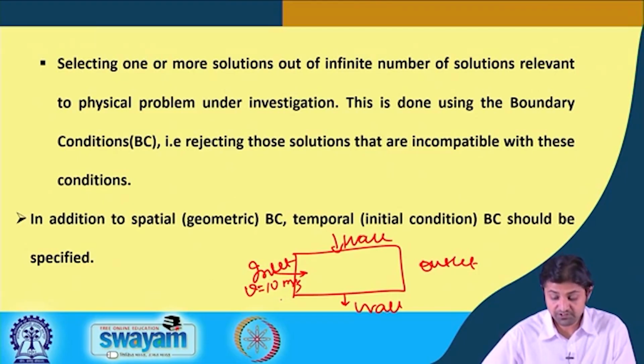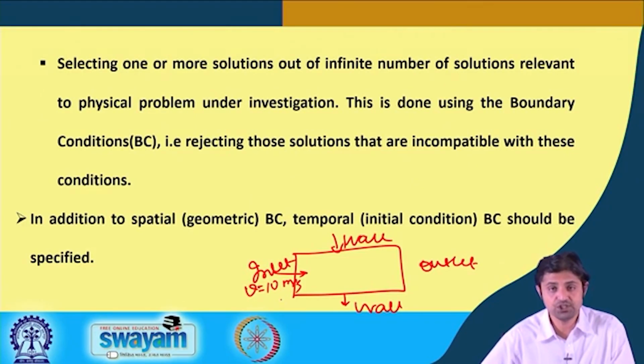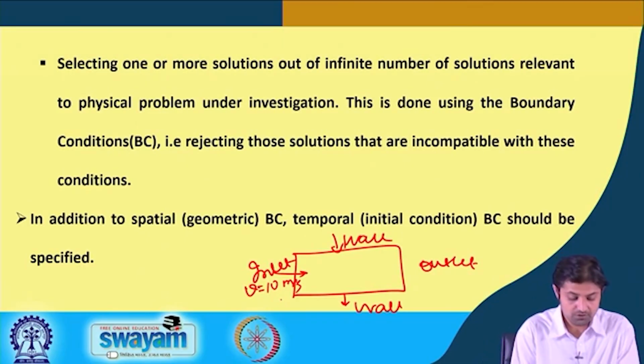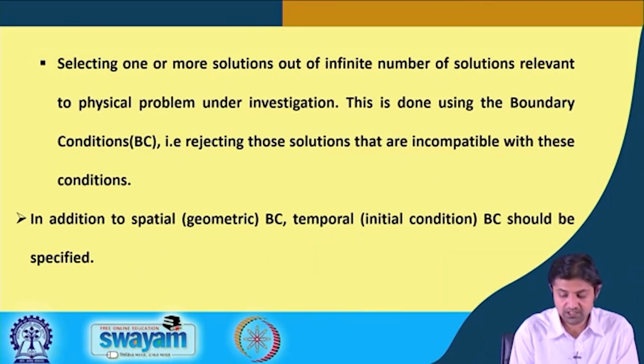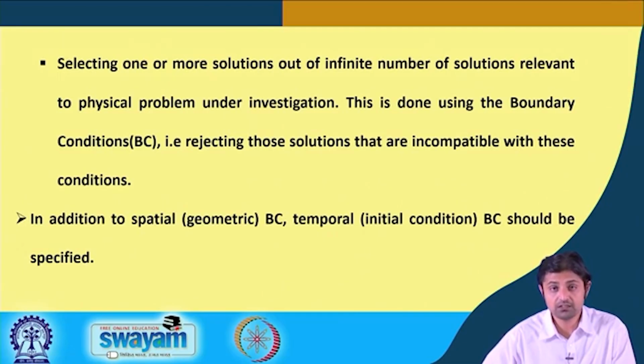Apart from this, these are called the spatial boundary conditions or geometrical boundary conditions, but there will also be a temporal boundary condition. So a boundary condition in time is called initial condition. So initial condition is nothing but a boundary condition in time.